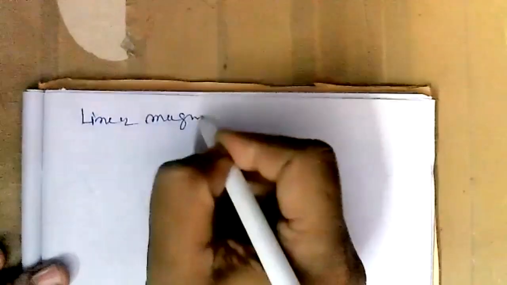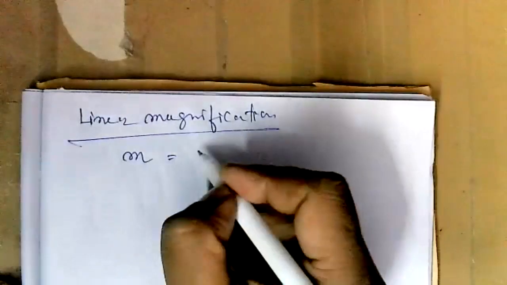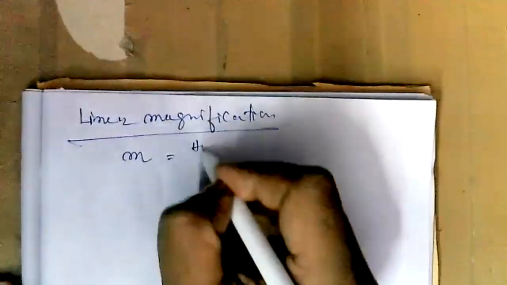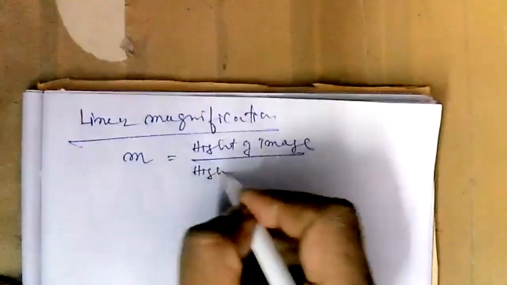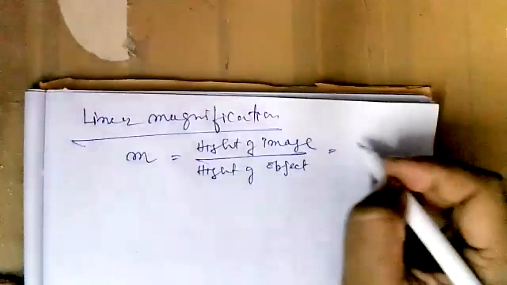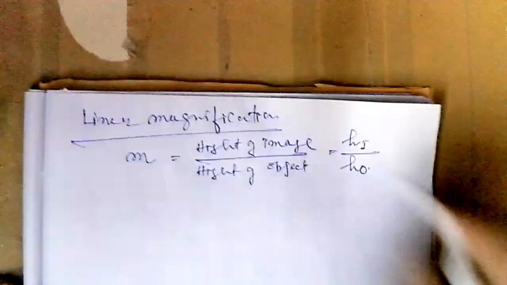Linear magnification M is equal to the ratio of height of image by height of object. That means HI by HO.